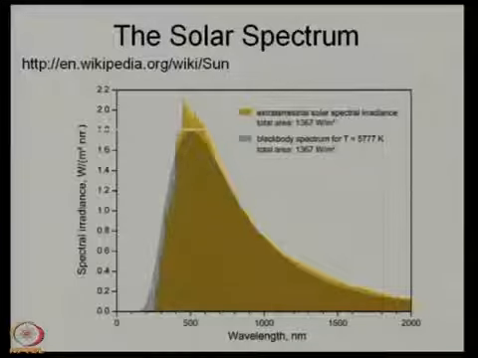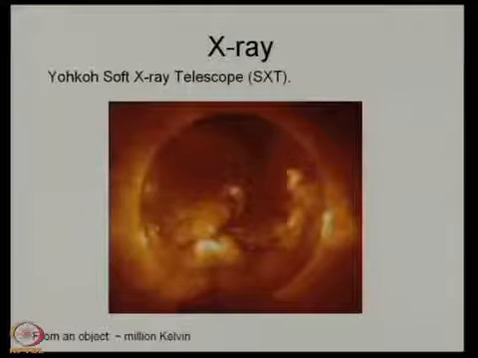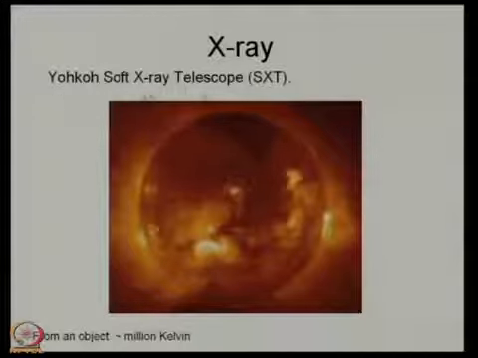The observed spectrum there is not well fit by a black body spectrum at 5800 Kelvin. So, let me show you a few pictures before we discuss it. This is an X-ray picture of the sun, taken by the Yohkoh Soft X-ray telescope.